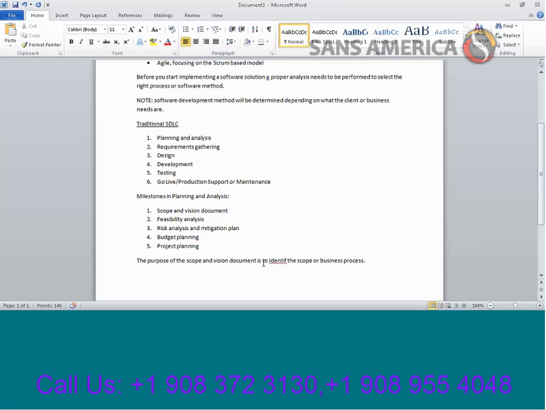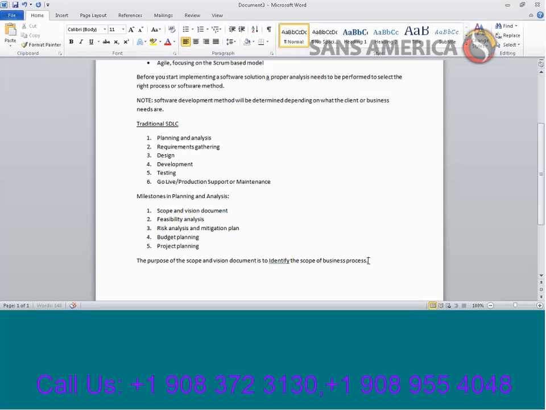So we clearly identify and document what is in scope for the project. And when we start documenting the scope, we also clearly document what is out of scope.